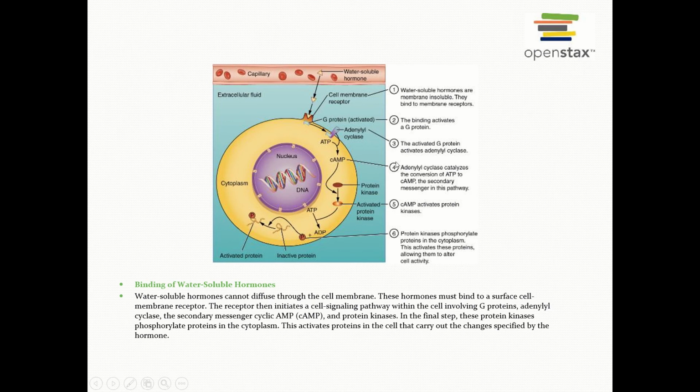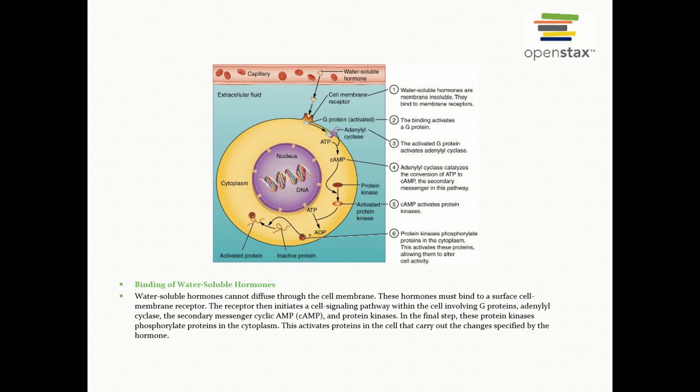For water-soluble hormones, in step 1, water-soluble hormones are membrane insoluble. They have to bind to a receptor. They can't go straight through the membrane. In step 2, the G protein will be activated by the binding of this hormone. In step 3, the G protein will activate the adenylyl cyclase molecule, which will then, in step 4, catalyze the conversion of ATP to cyclic AMP, which is the secondary messenger in this pathway.